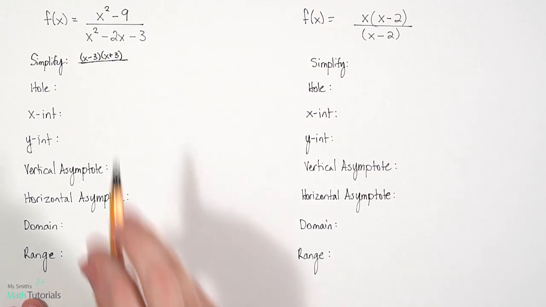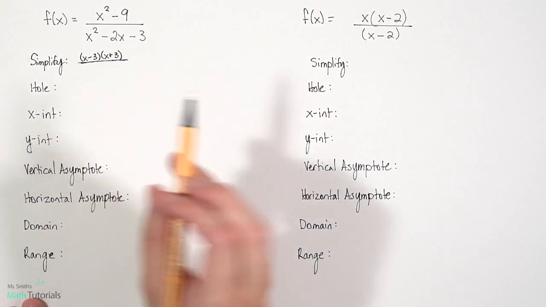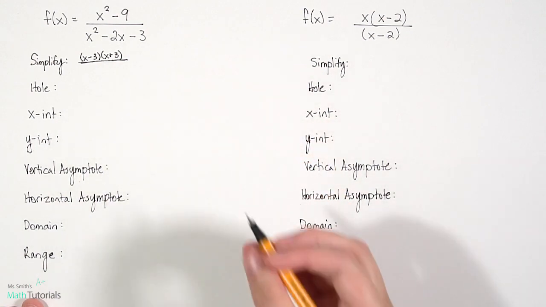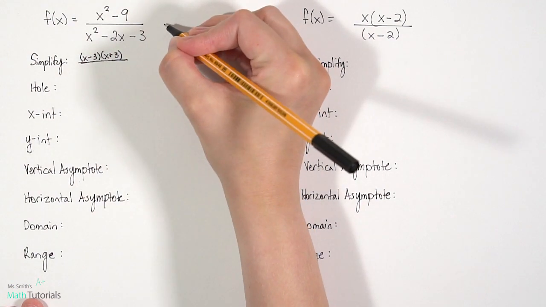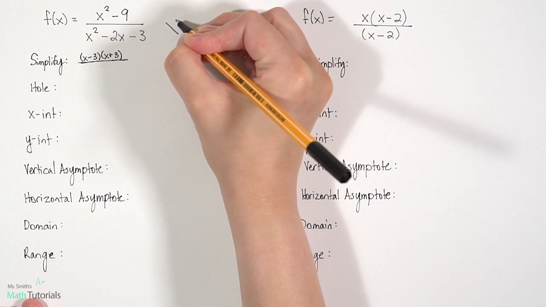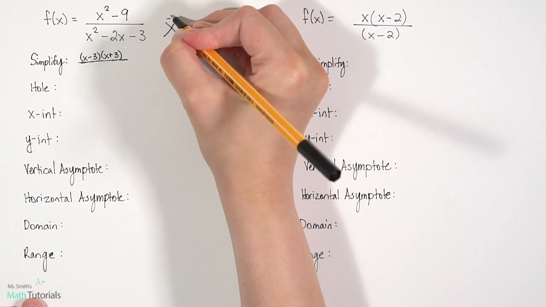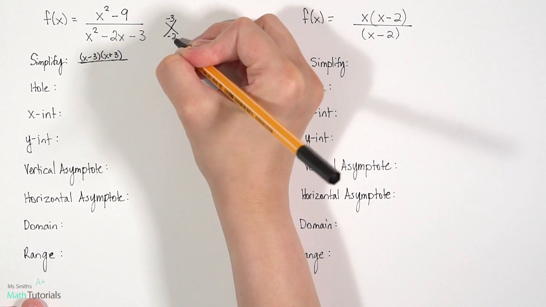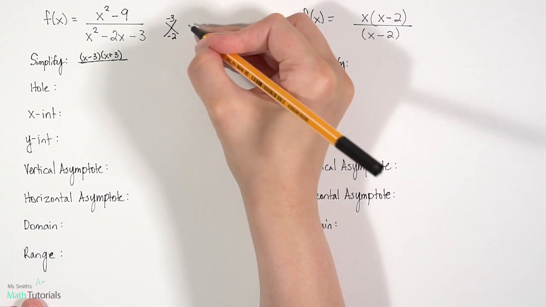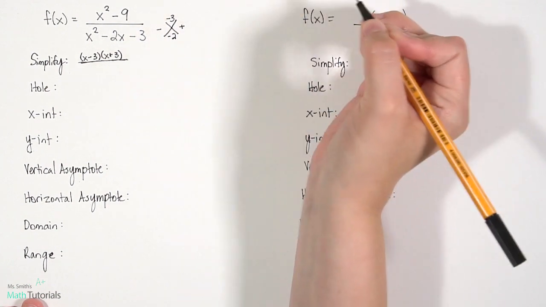For the denominator, this is a quadratic trinomial, so we would want to use our x to help factor it. I'll just do that over here. So my a times my c is a -3, and my b is a -2. I know that my signs have to be a negative and a positive, since I'm multiplying and getting a negative.